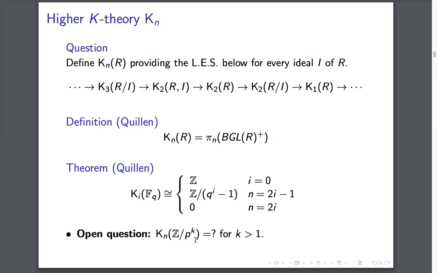One could guess that it would be possible to compute these algebraic K-theory groups, but actually Quillen fails to compute these, and this is still an open problem in algebraic K-theory. So these algebraic K-theory groups turn out to be pretty difficult to compute.